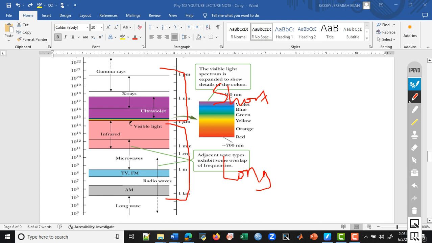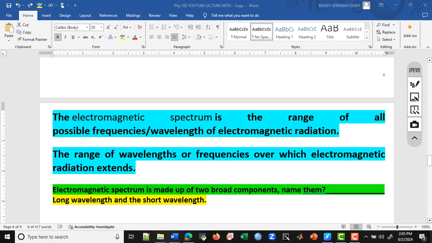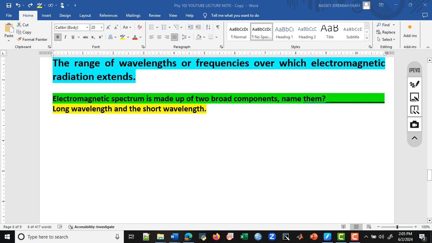For those ones that are short, you see gamma ray, X-ray, and UV ray. Let's look at the next question.